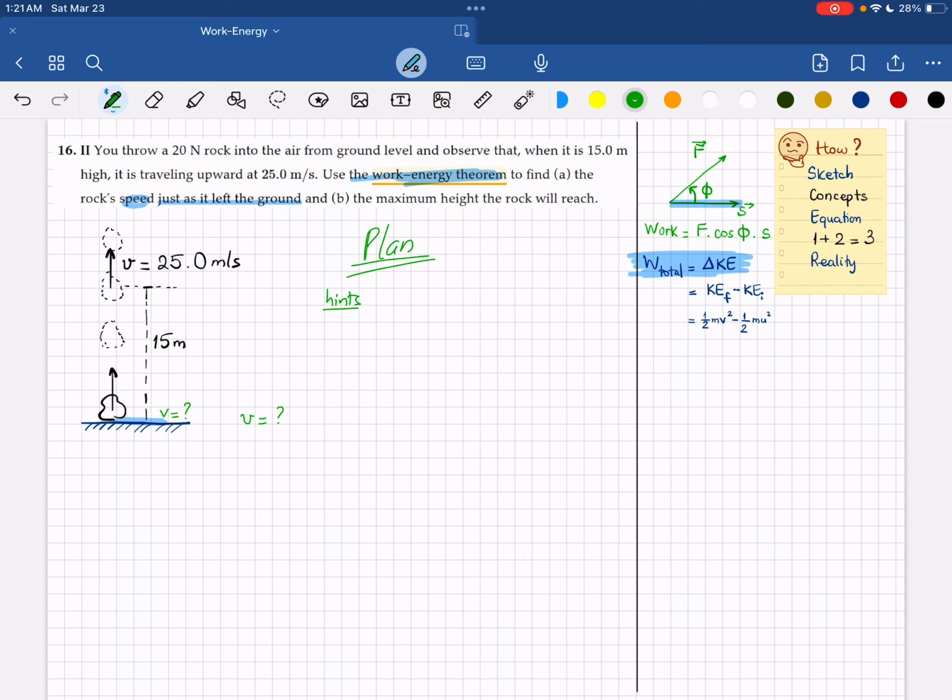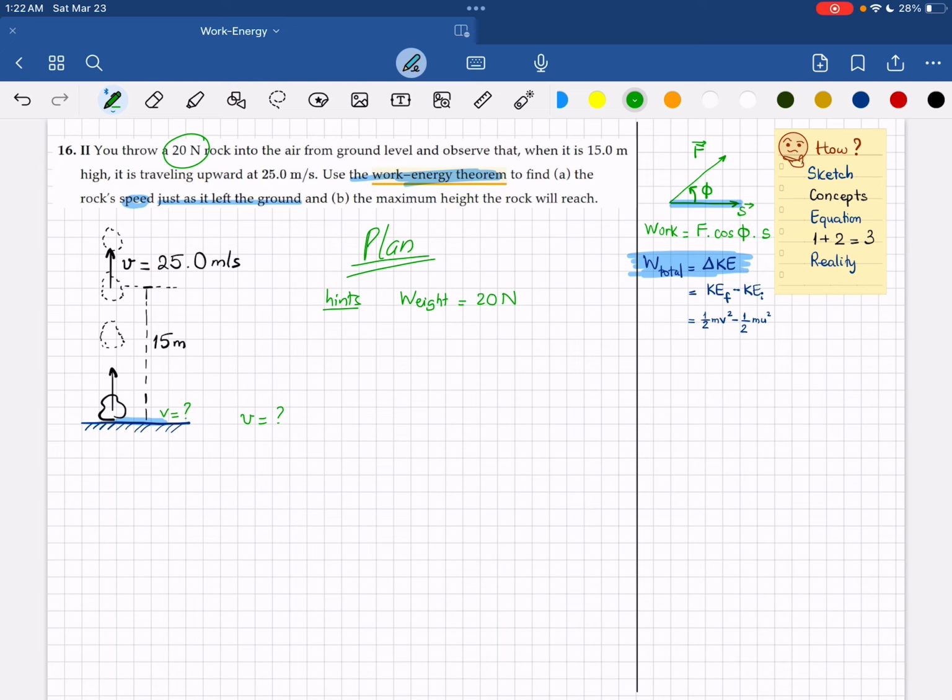Okay, they give us a 20 Newton rock. So if it's a 20 Newton rock, that should be the weight of the rock, right? Let's summarize the numbers, because in the end we need to provide them an answer with a number.